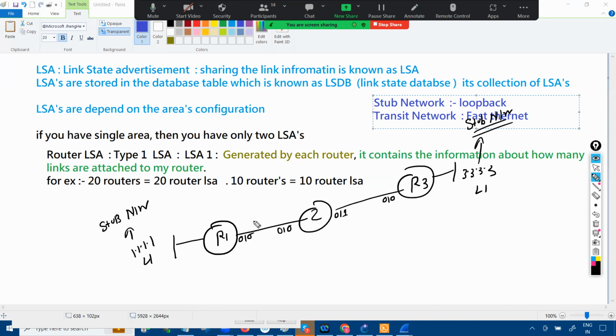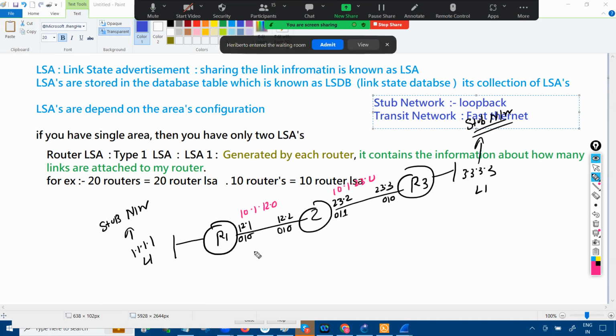This is the link we have, 12.1, and this is 12.2. This is 23.2, and 23.3. The networks we have are 10.1.12.0 and 10.1.23.0. So this is called a transit network. This is called a transit network.